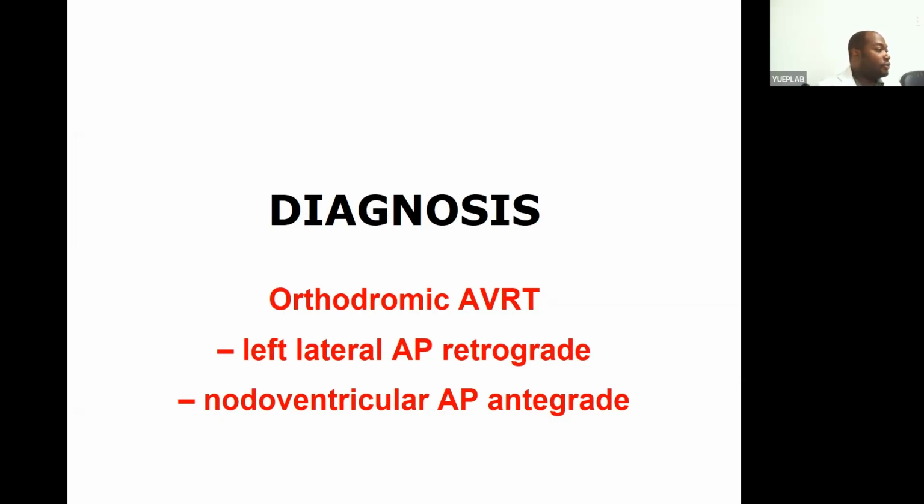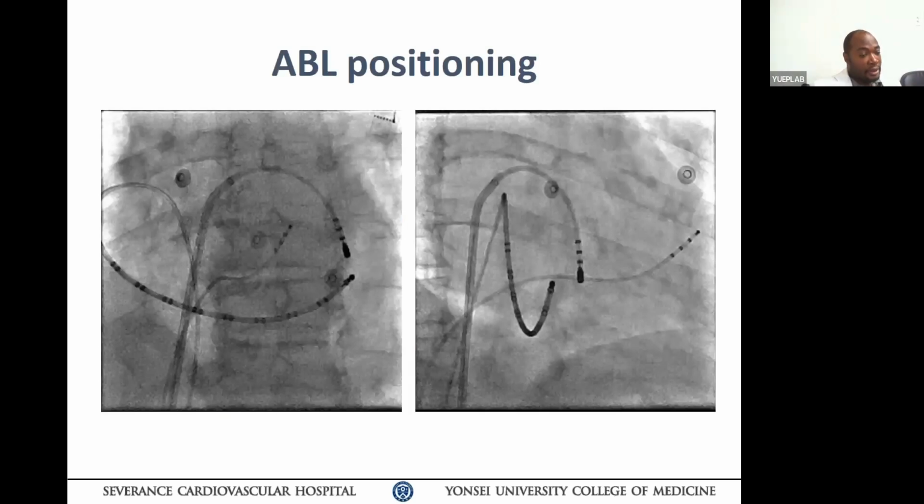But from this, we thought that it's the left lateral pathway that was obligatory for the tachycardia. The tachycardia would have gone through the normal conduction anyway, but there was pre-excitation just because of the nodoventricular pathway. So it was more like a bystander kind of accessory pathway.